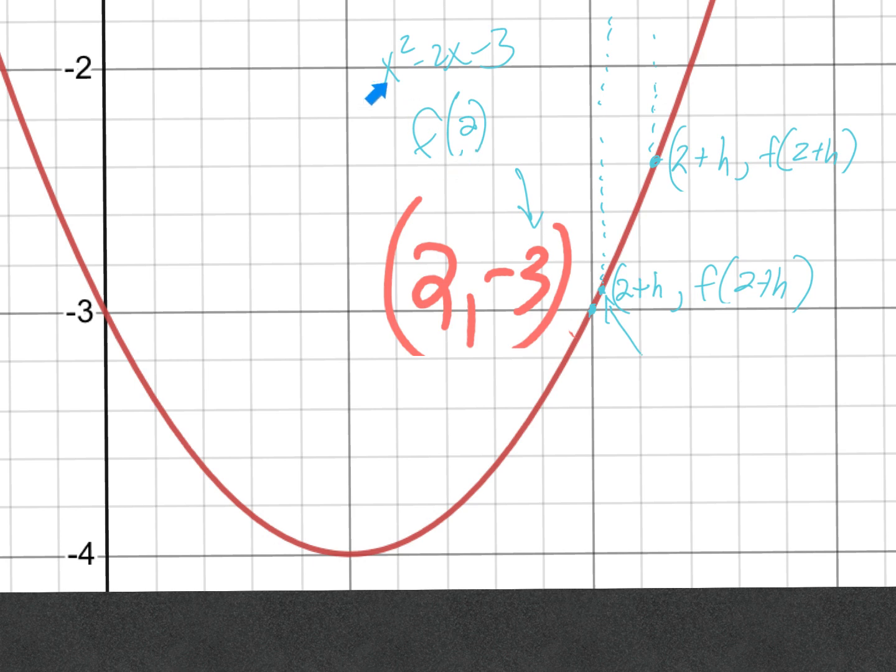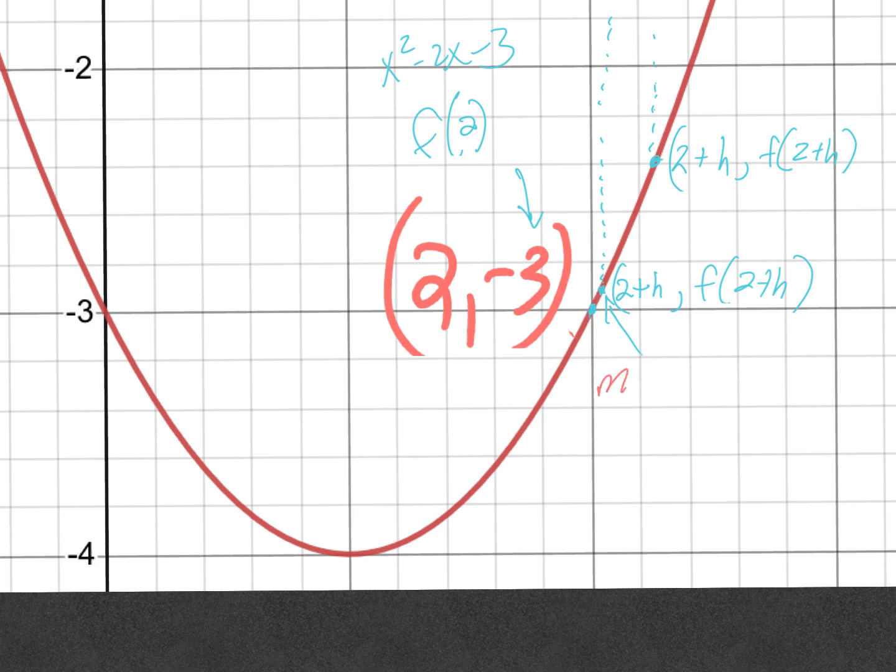All right, so if I put 2 into that equation, it yields us an answer of negative 3. So this is 2, negative 3. That point is 2 plus h, and f of 2 plus h. This is 2 plus h. This one's f of 2 plus h. Whatever that h is, and my h is getting smaller and smaller and smaller, because the closer they get to each other, so then, let's think of this too.